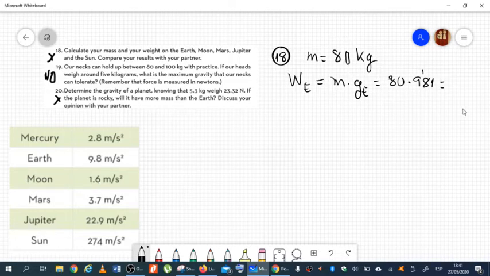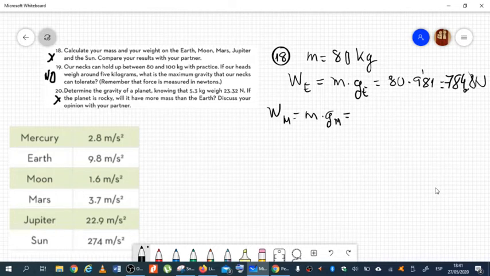So the weight will be different. 80 multiplied by 9.81 is 784.8 newtons. Sorry, 784.8.